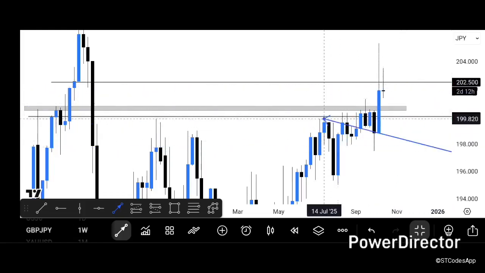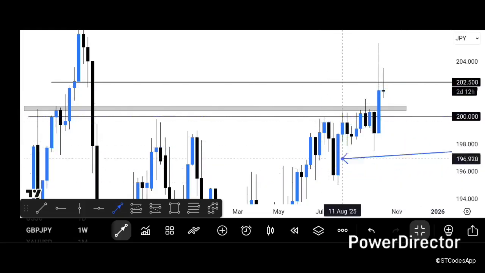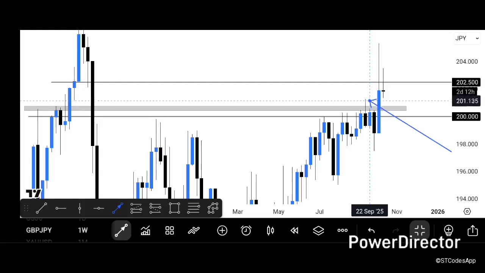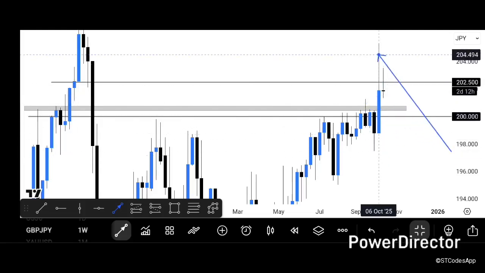So like this is a higher low, higher high, higher low, higher high, higher low, higher high. Boom. So anytime price makes a higher high, it wants to retrace to give discount prices to the next set of buyers, which is basically how the market moves.